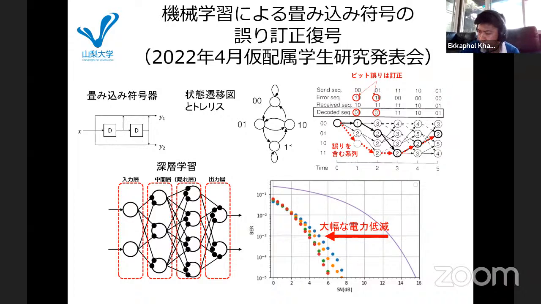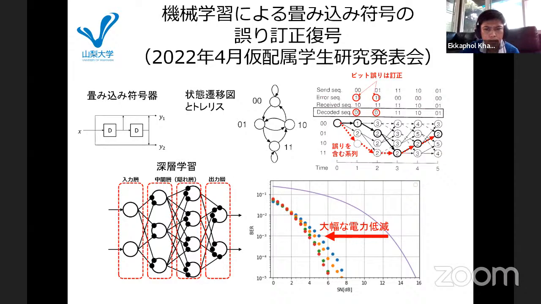By using the trellis, we can correct errors. And why we have this limited transition is based on correlations between outputs.